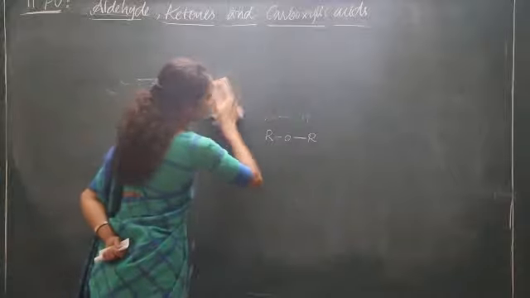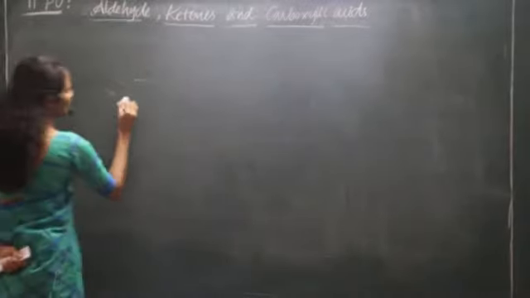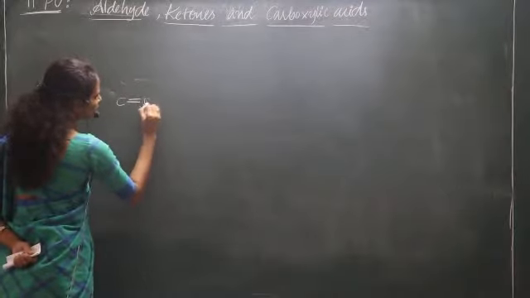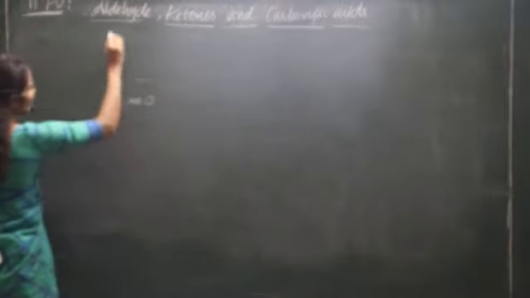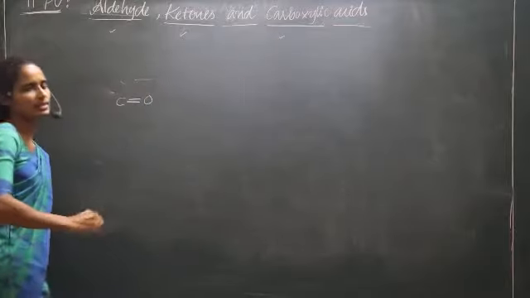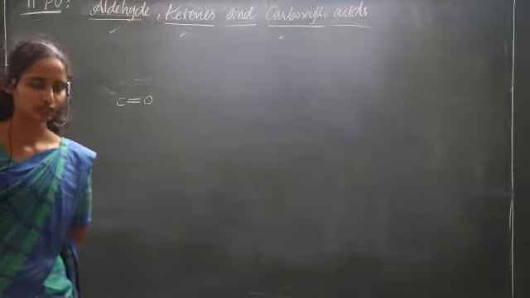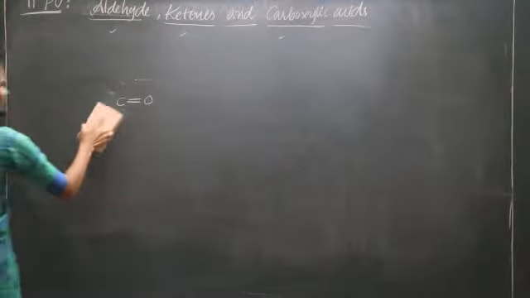In this lesson, we are going to discuss compounds containing a carbon oxygen double bond, that is aldehydes, ketones and carboxylic acids, very important functional groups, right?